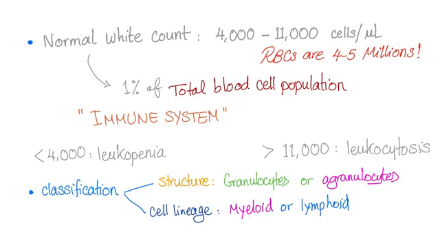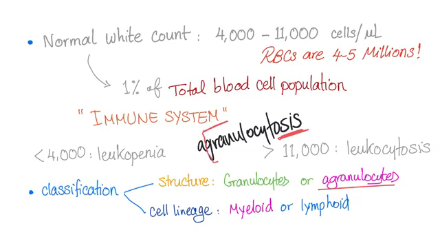Now, there is a condition called agranulocytosis, okay? Students get confused. What do you mean by agranulocytosis? Do you mean that the agranulocytes are increased or that the granulocytes are non-existent? Like, is the A here negative, which means agranulocytes, or does A negative mean there are no granulocytes?